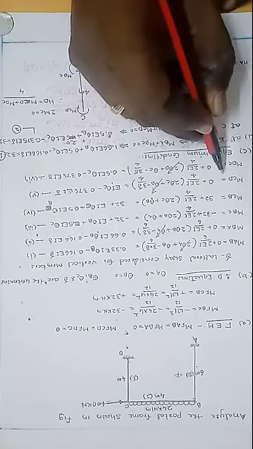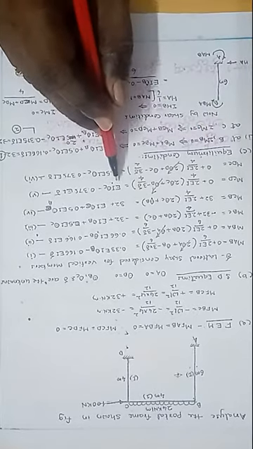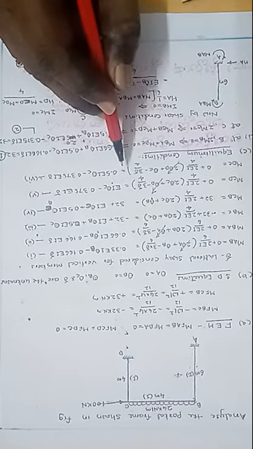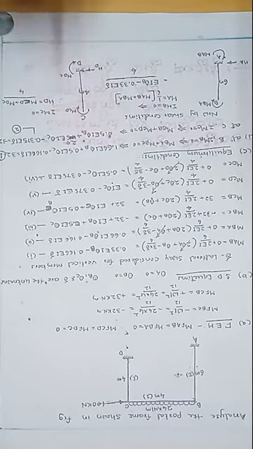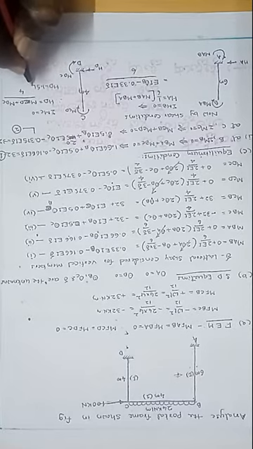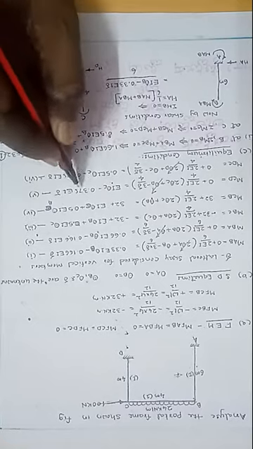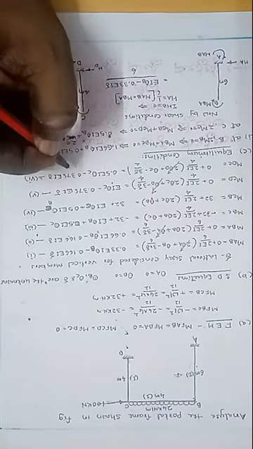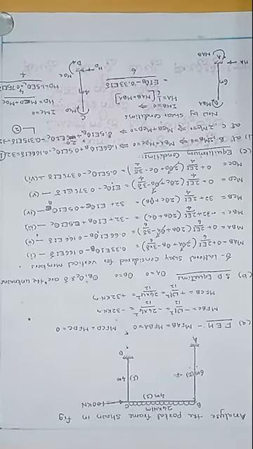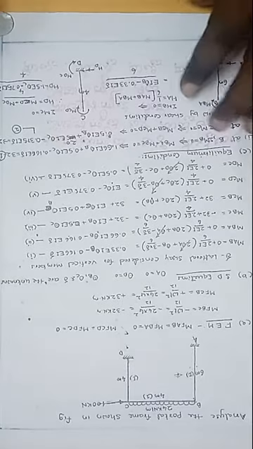By adding MCD and MDC, that one is 1.5 EI theta C, then minus 0.375 minus 0.375, minus 0.75 EI delta, divided by 4.